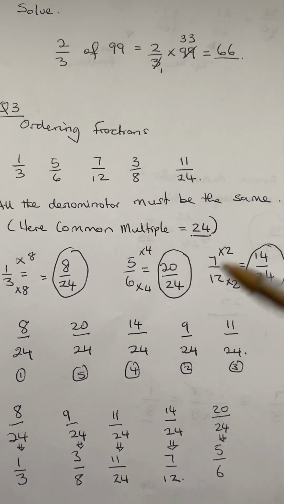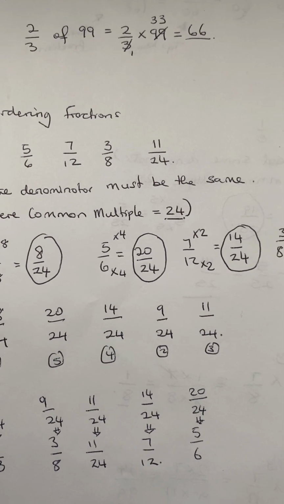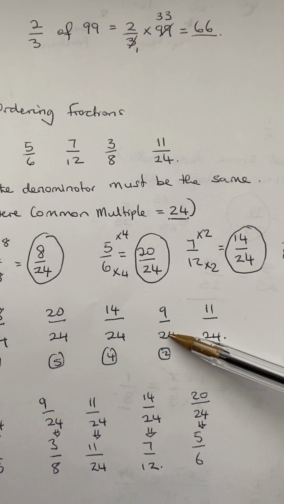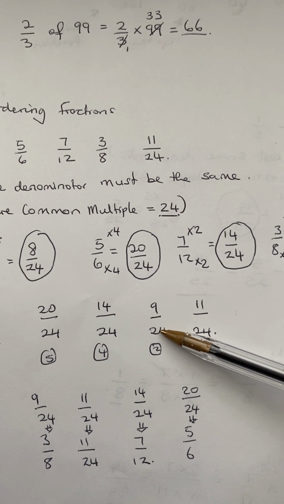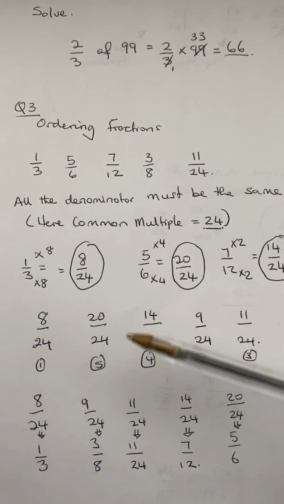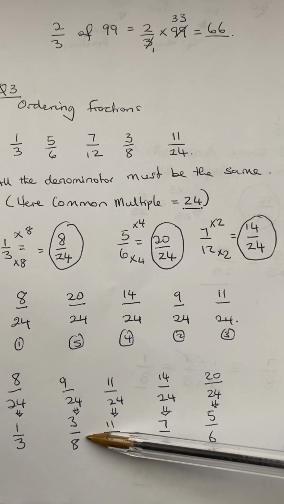The second one here is 9 over 24, which is 3 over 8.